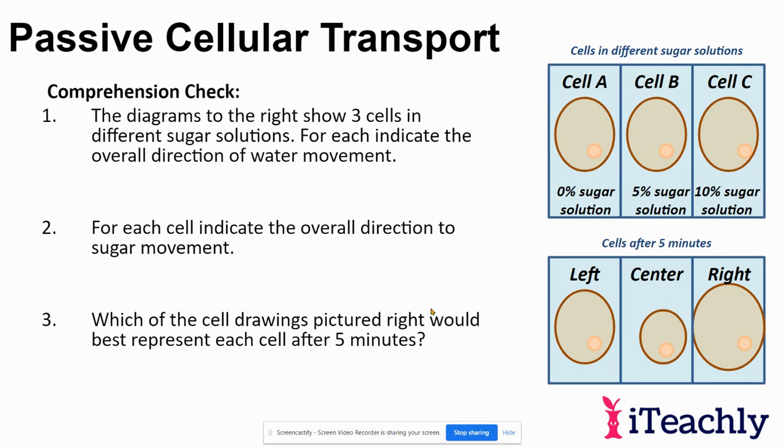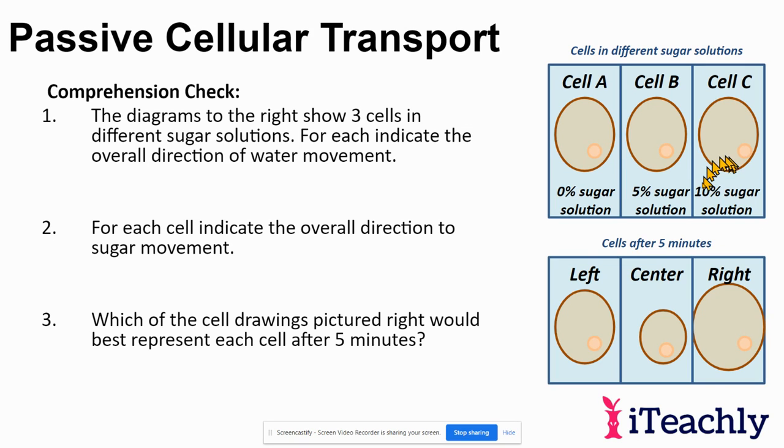Okay, this is a comprehension test. This is cell A. It has 0% sugar in the solution, which means it's in pure water, so this is hypotonic. In a hypotonic solution, water is going to move into the cell, so it should gain weight and look like that.